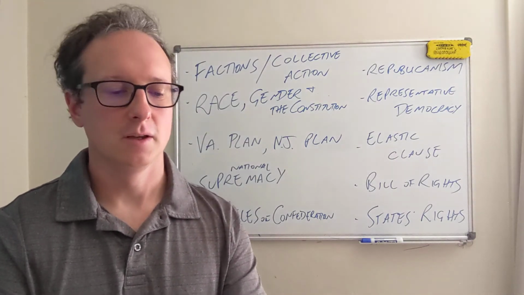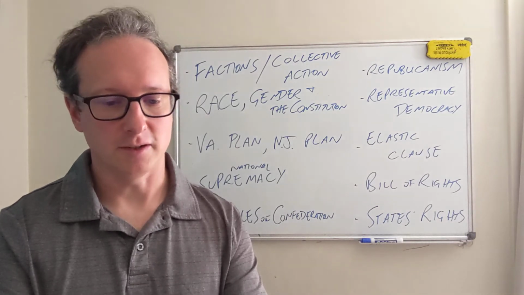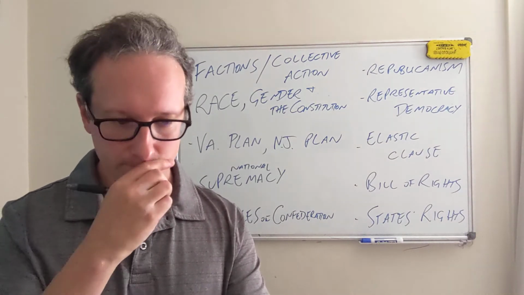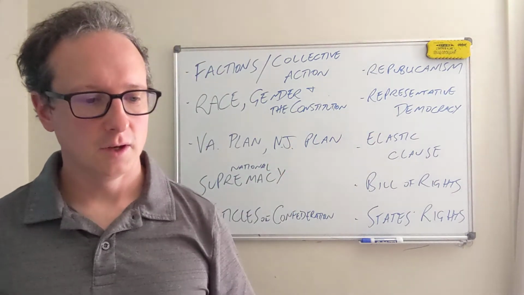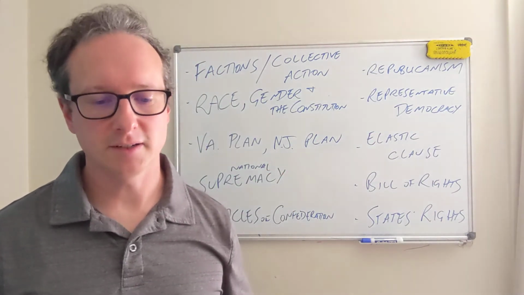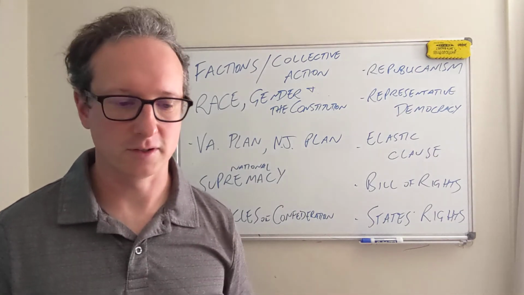The Elastic Clause was another clause that is often mentioned in Article 1 of the Constitution. The Elastic Clause says that the Congress must pass laws pursuant to carrying out their existing powers.